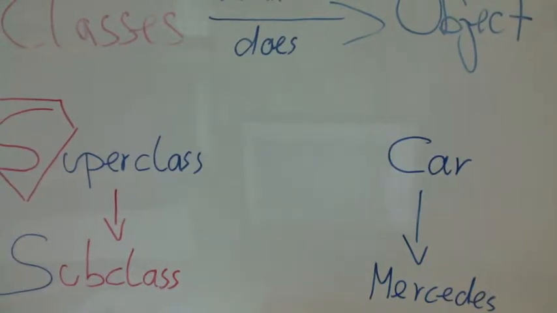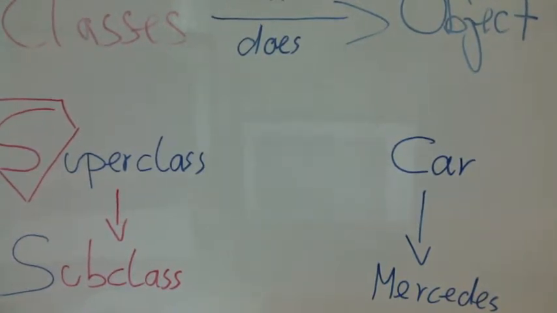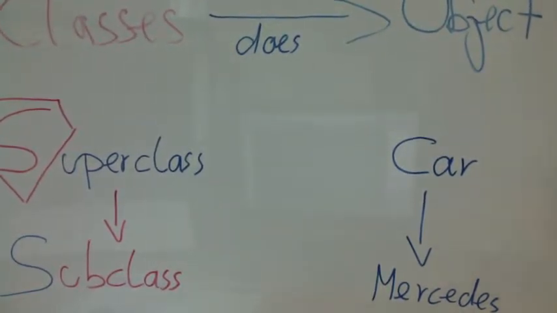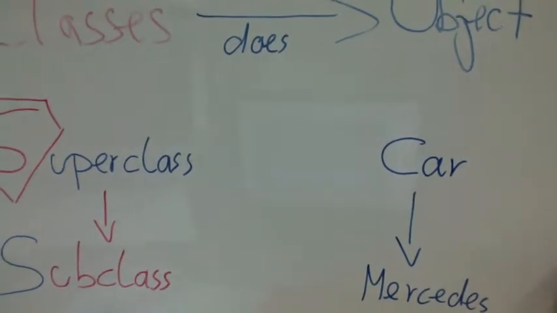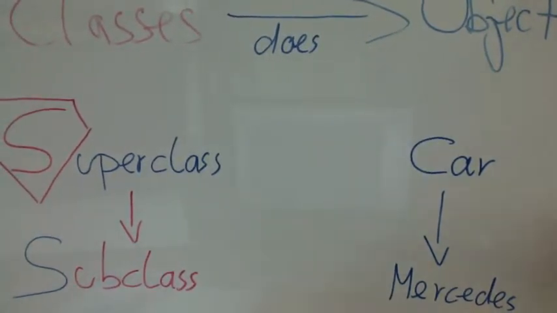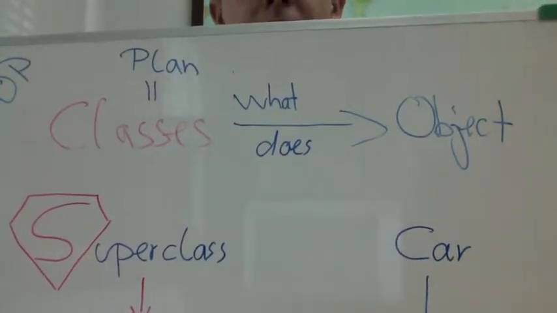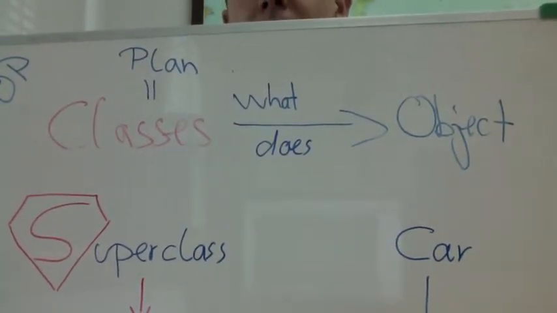Another example would be superclass person, subclass doctor, or then even psychiatrist, a subclass of doctor. It's getting more and more specific, from general to specific. That's very important when it comes to classes, superclass, subclass, and remember that the class is something like a plan, like a blueprint for something.